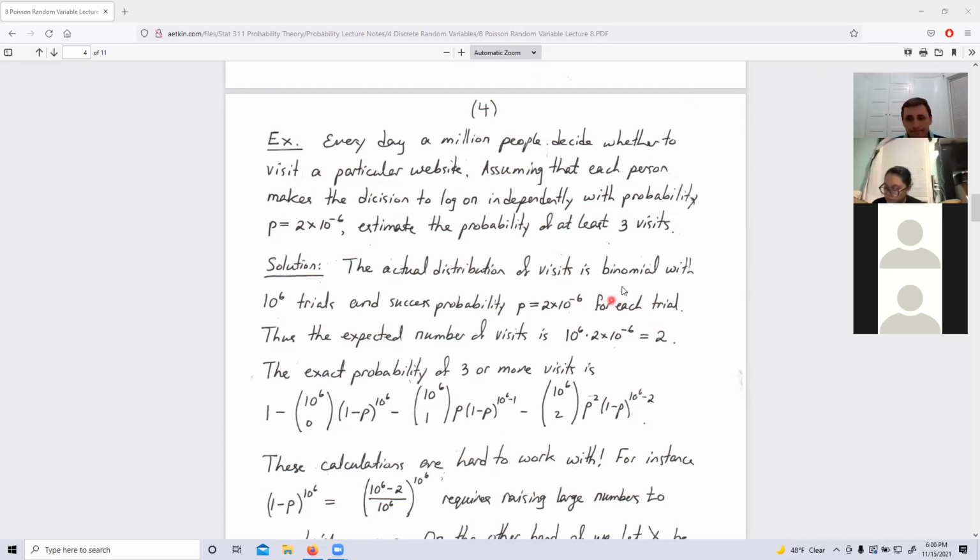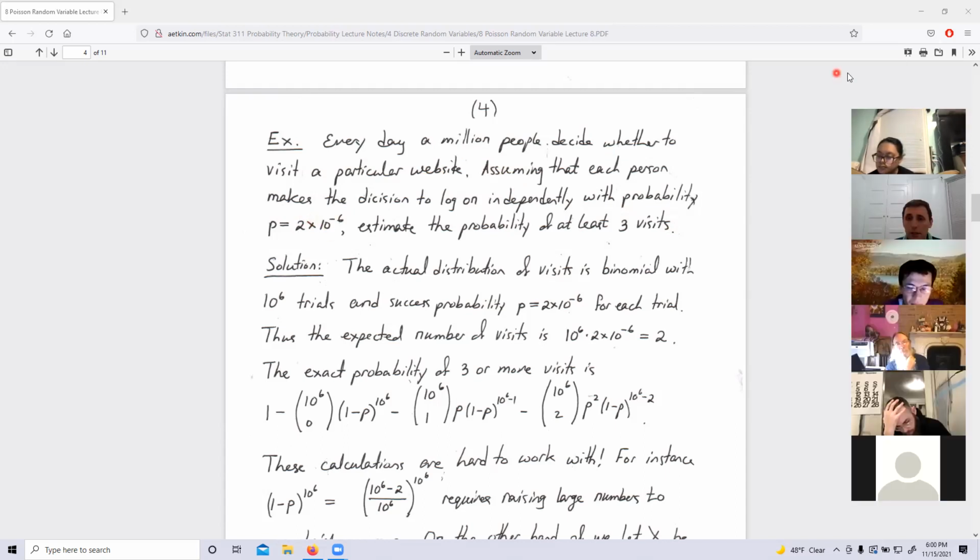So then, let's review this question about a website here. Imagine that a website is visited by 1 million people a day, could potentially come to this website. And each person is very unlikely to visit this website this particular day, right? It's just 2 times 10 to the minus 6.